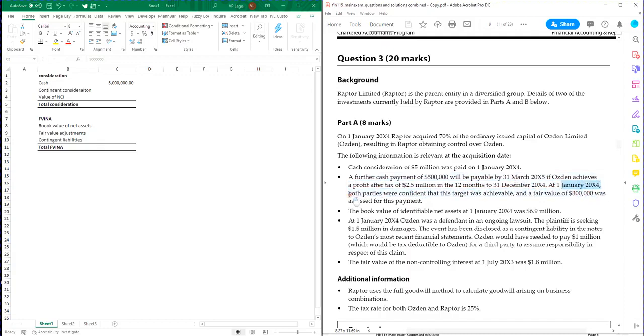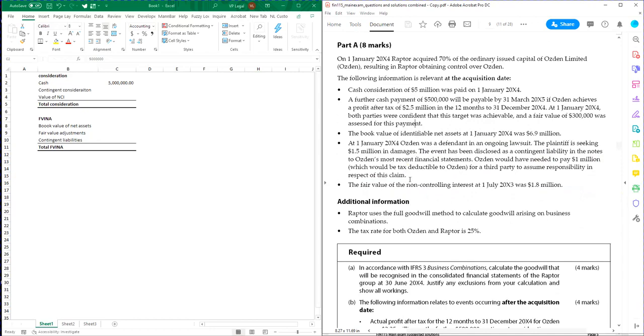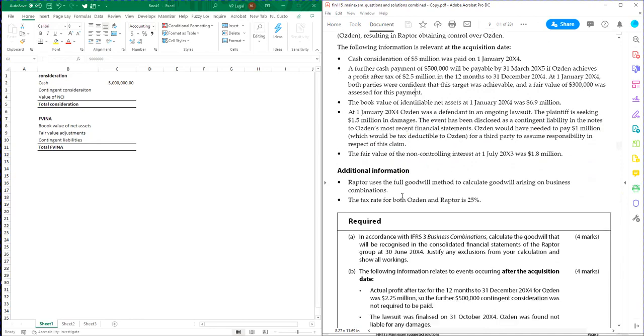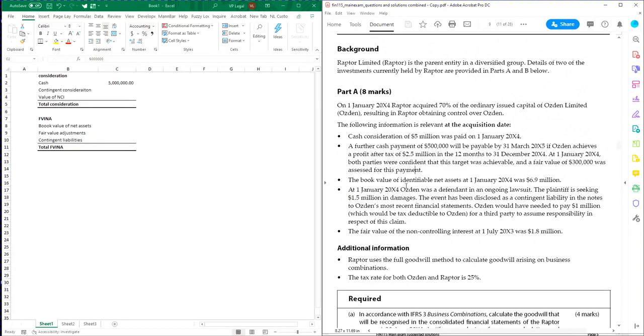At 1 January 2014, both parties were confident this target was achievable, and a fair value of 300,000 was assessed for this payment. So we need to include the fair value of the payment, the $300,000 amount, in our contingent consideration.